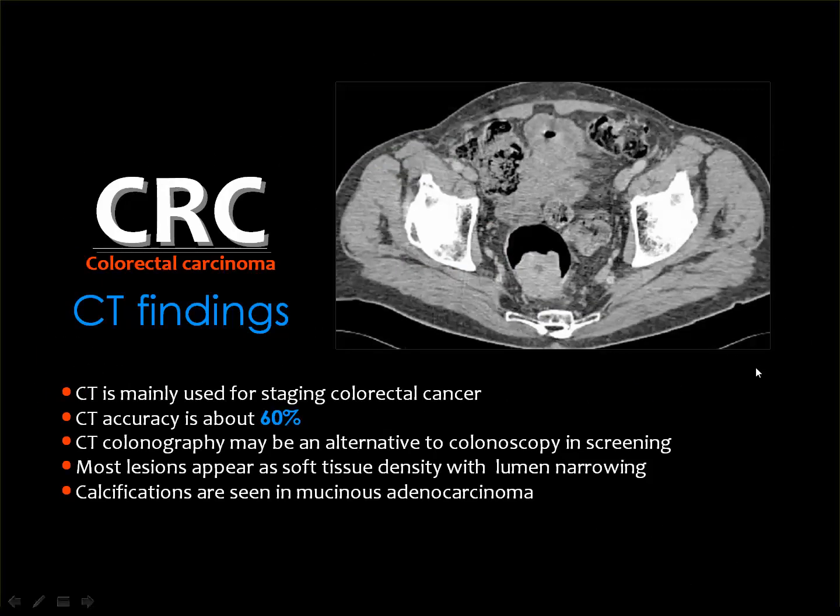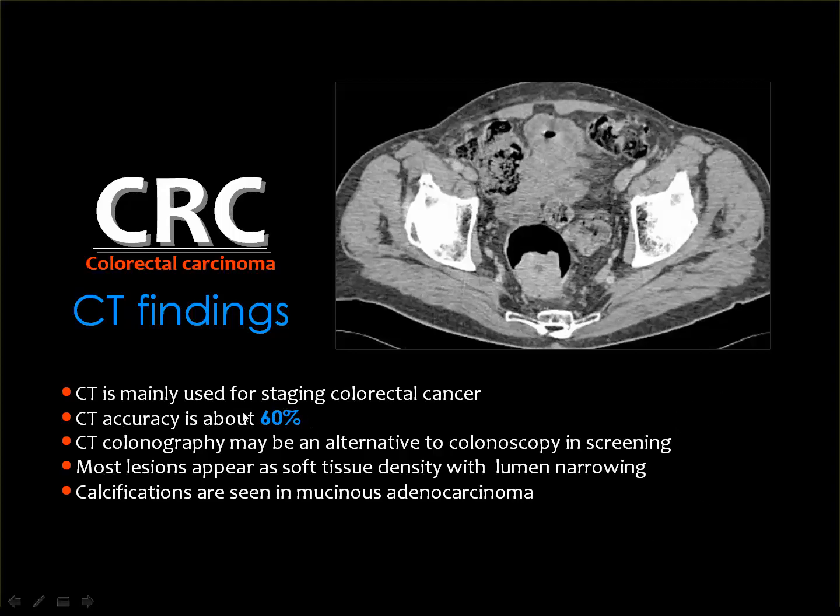The CT findings: as you know, CT is usually used for staging of colorectal cancer in any part of the colon except for the rectum, where MRI is much better for evaluation.